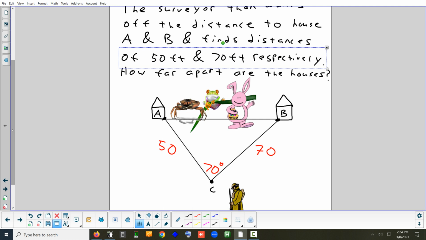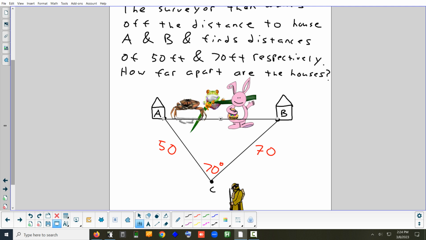Since we don't know how far apart they are right now, how could we represent it until we figure it out? We have to have something that represents the distance between these two houses, even if it's not a number. You could call it line segment AB. How about if we think in terms of the labels we've been using all week?